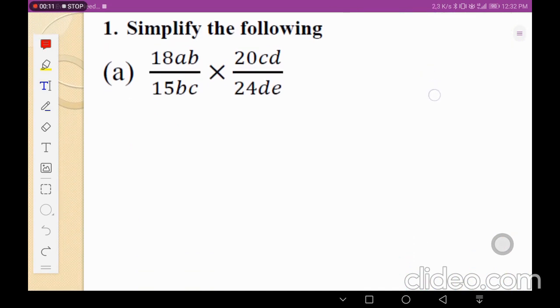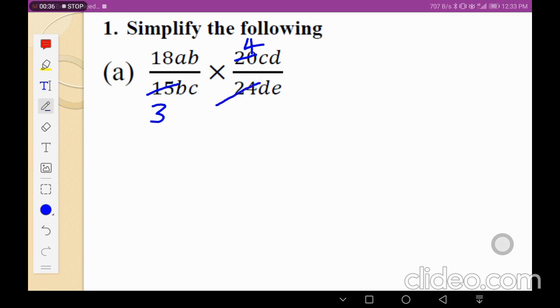Okay, so the first question is saying simplify the following. So we are going to simplify. I can divide this one by 5 and I get 3 there. Then here it can go, I can have 4. Okay, then I can also divide 4. 6 can go into this one.